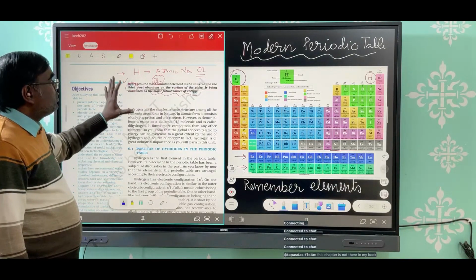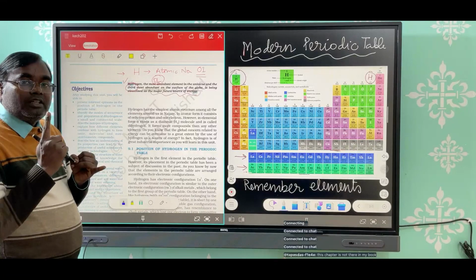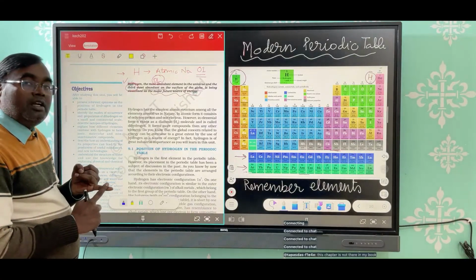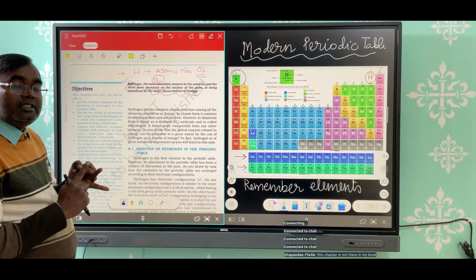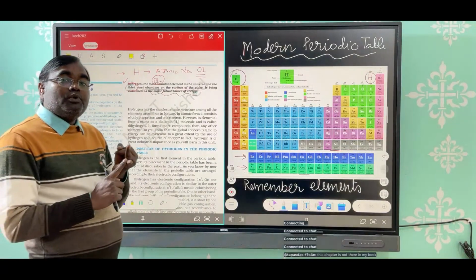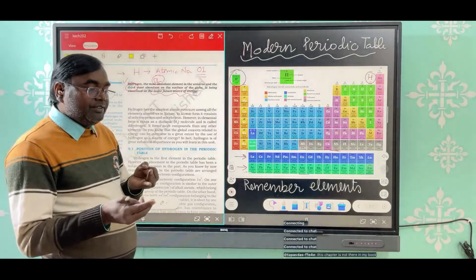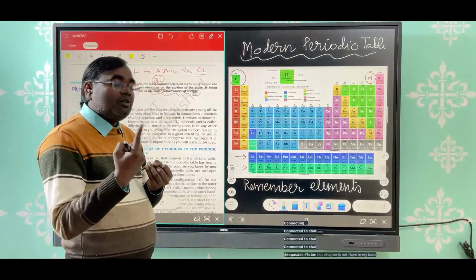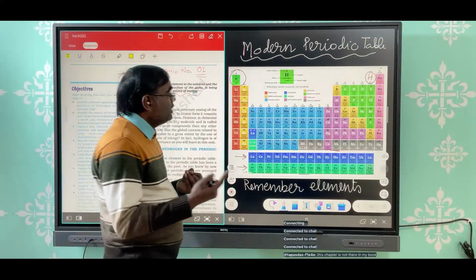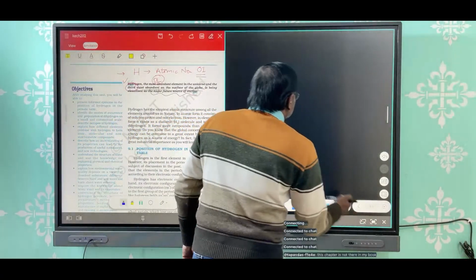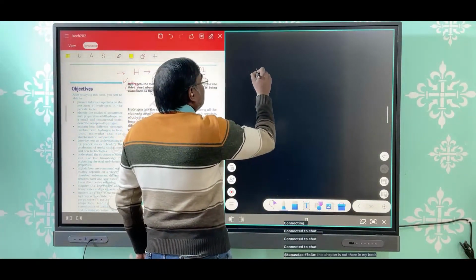Right? So hydrogen has atomic number one, and it shows both properties, plus one and minus one.